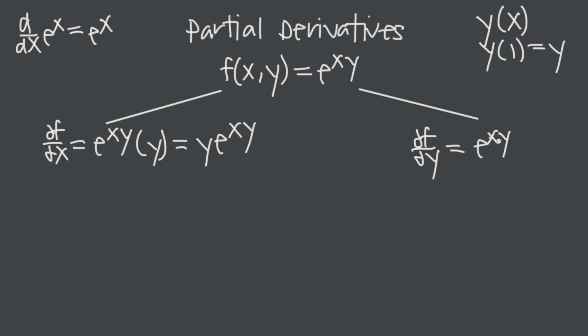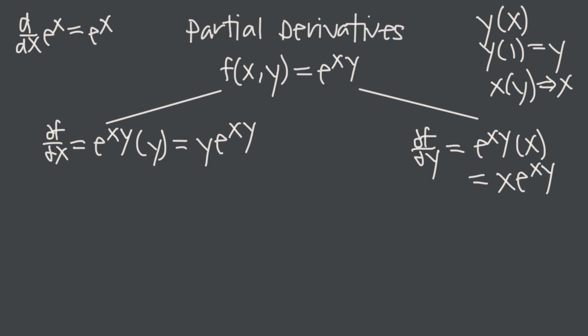So the derivative of xy with respect to y, since that's what we're differentiating, we pull the x out in front, and we can call it x times y, taking the derivative of that with respect to y. Well, the x acts like a constant coefficient out in front, and the derivative of y is 1. So we get x times 1, or just x, which means we have to multiply this by x, and we get x times e to the xy.